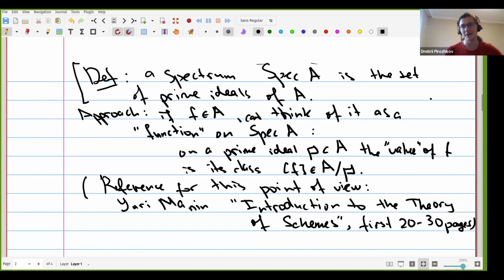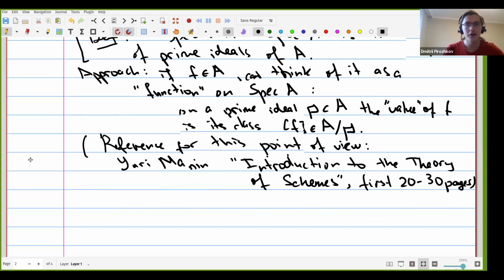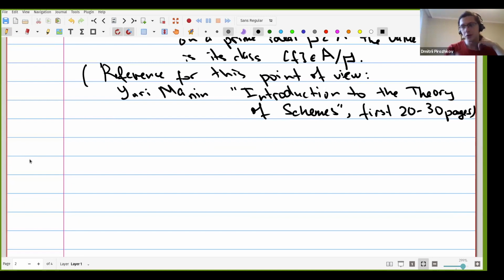And he includes geometric interpretation as well. You can find this book on Google. Not sure how legal it is, but it is freely available.